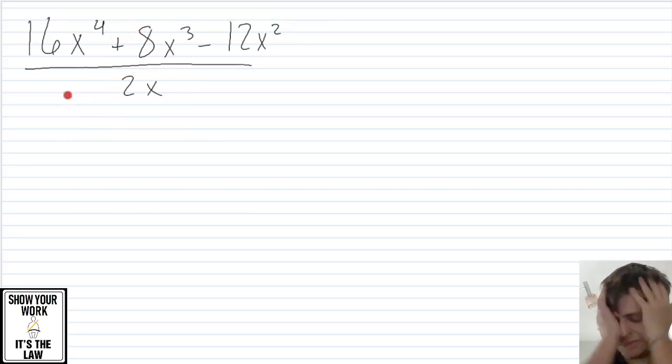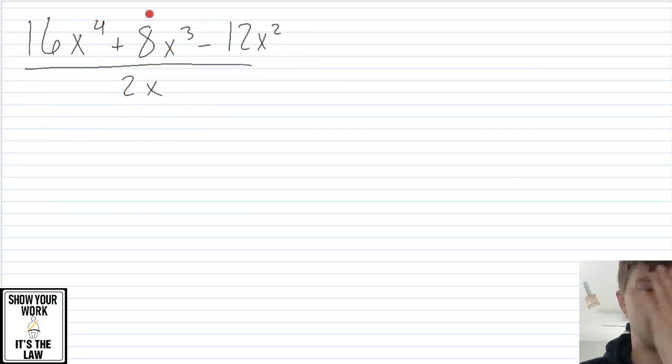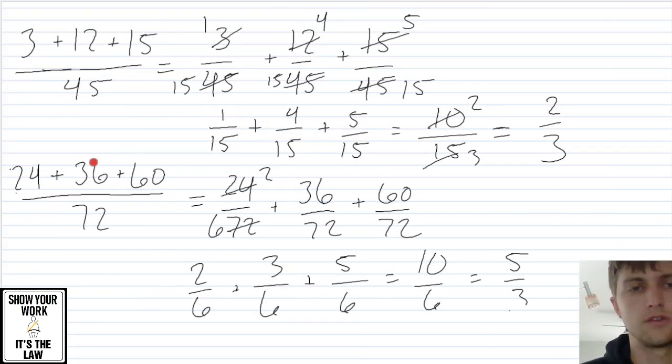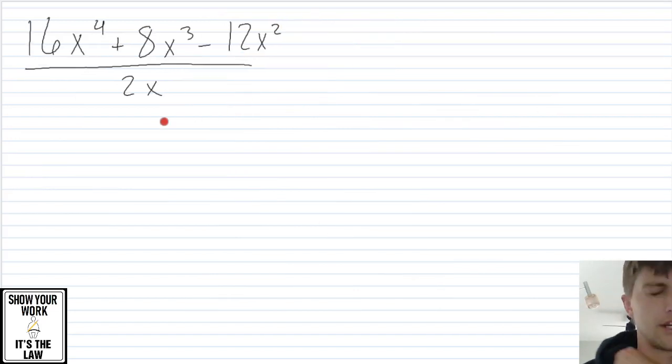Now, a couple ways we can think about it. As we remember previously, when we're dividing across a whole polynomial, it's kind of like distributing the negative, as in we divide each term separately, okay? But it's also just going to be easier for our writing purposes to do what we did on this slide right here, which is just break it down into 3 separate fractions. So that's what we're going to do.